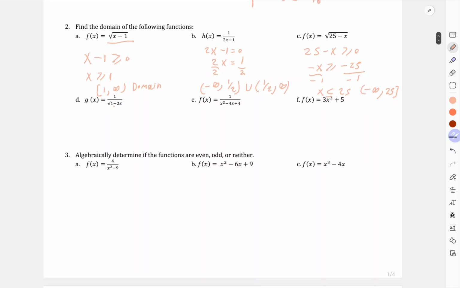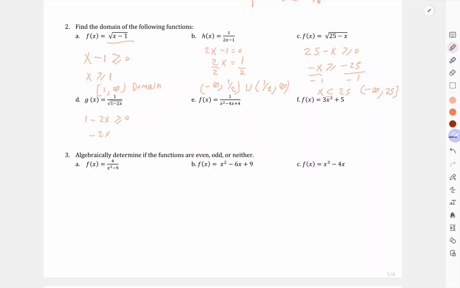All right, next one, you kind of know the drill. It's the same thing. You put 1 minus 2x, and then you put equal, and then you put 0, and then you bring it to the other side.